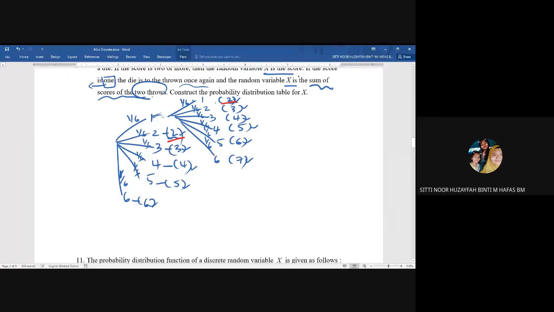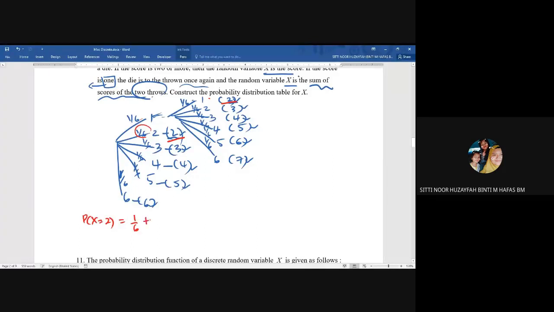So actually the probability for x equal to 2 will be the probability when you throw 1 and 1, and the probability when you throw once only, which is 2. So what is the probability of x being 2? It will be 1 over 6, right?